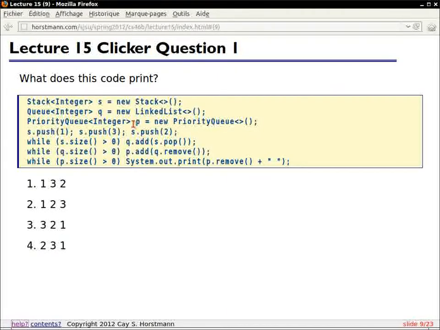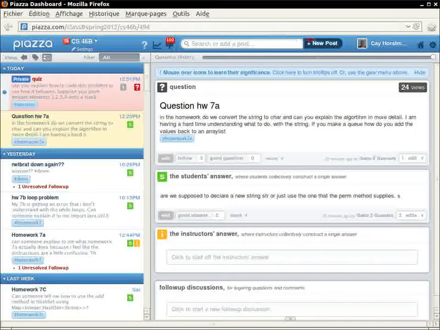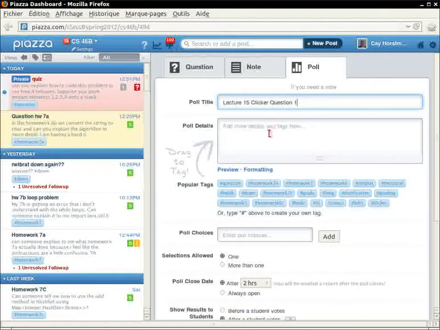All right. Here we just have a cruel exercise to see that you can master the API. So let me put this into Piazza.